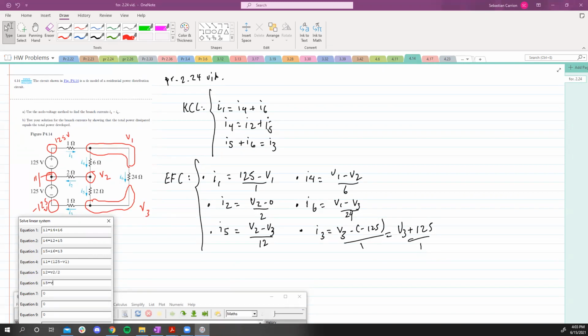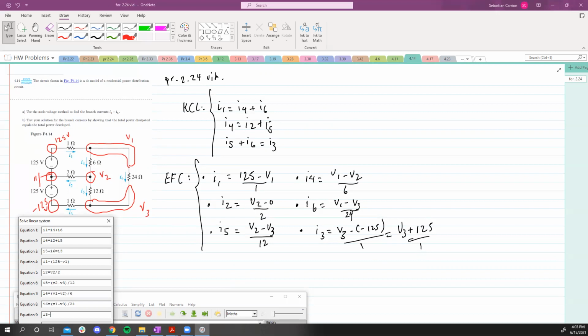I5 equals V2 minus V3 over 12. I4 equals V1 minus V2 over 6. I6 equals V1 minus V3 over 24.